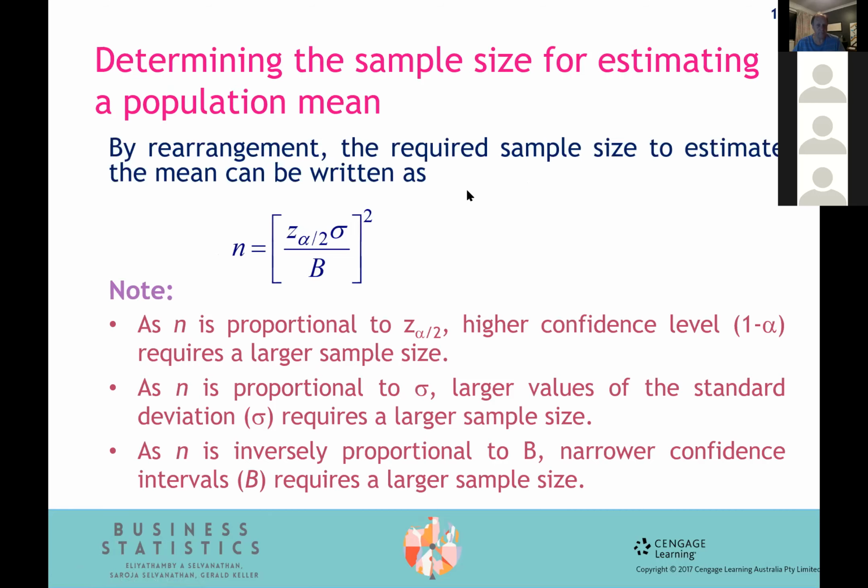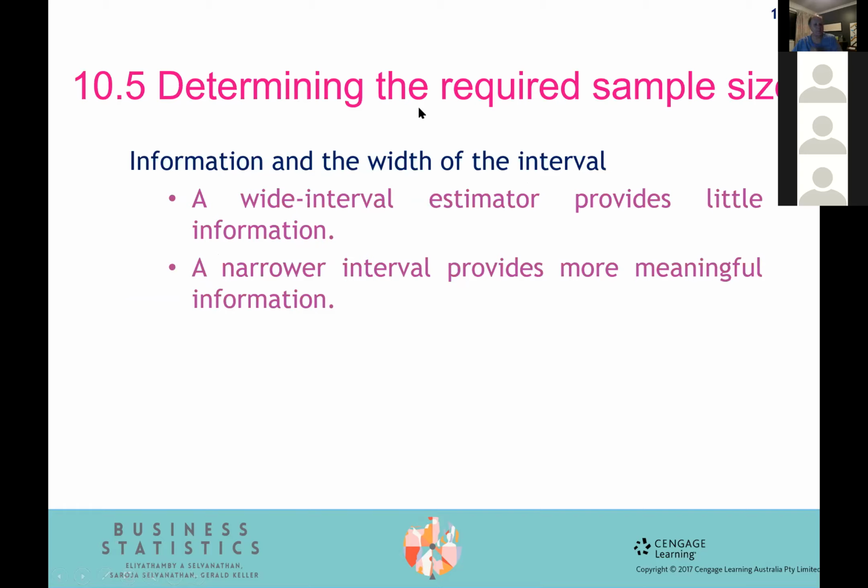Okay, there's one other bit of a topic which always comes up. How big must my sample size be? Now, my simple answer is, how much money have you got? As big as we can within the money that we've got.